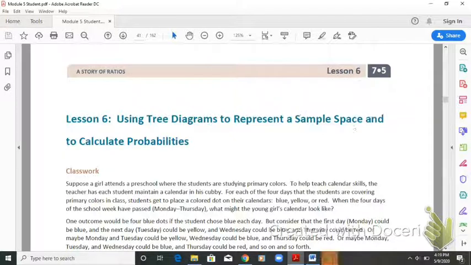So we're going to look at an example. Let's say a family is going to have two kids separately. Currently they have none.